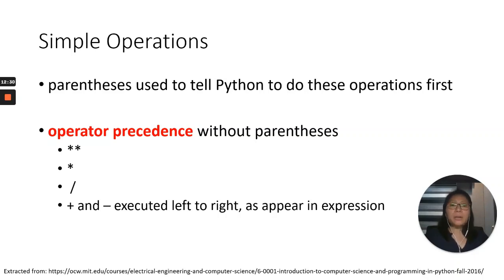In case there are no parentheses, here is the precedence of the operators. The one with the highest precedence is the power, double asterisk, then the multiplication, and then the division. And addition and subtraction are evaluated from left to right if they appear in the same expression.